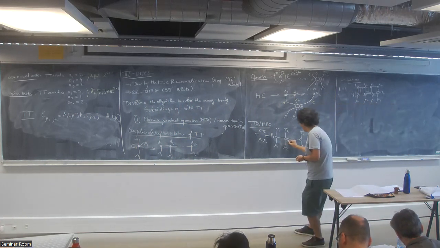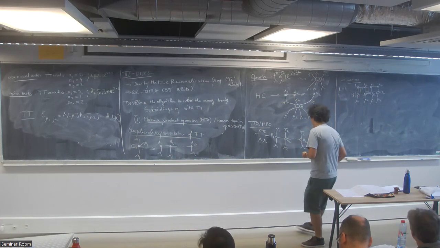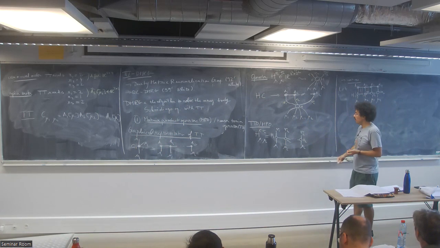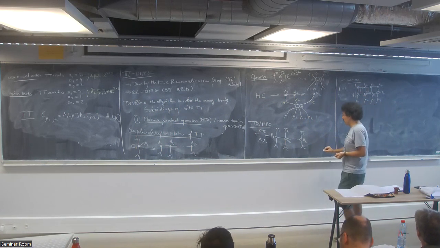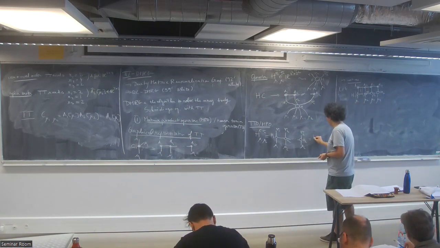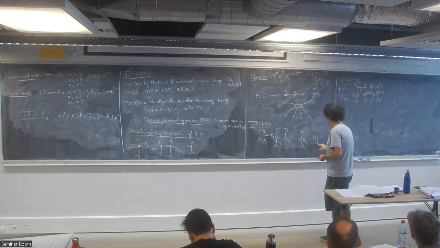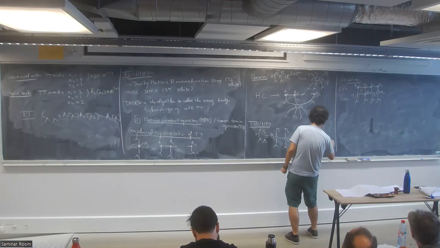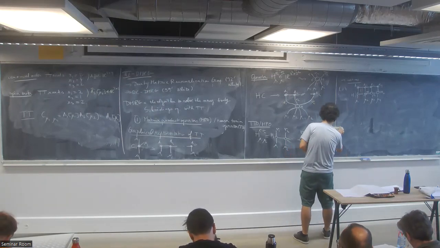So maybe I should label some stuff over here, and maybe just expand this formula. What you then would write is, so then the formula that you have is the following.